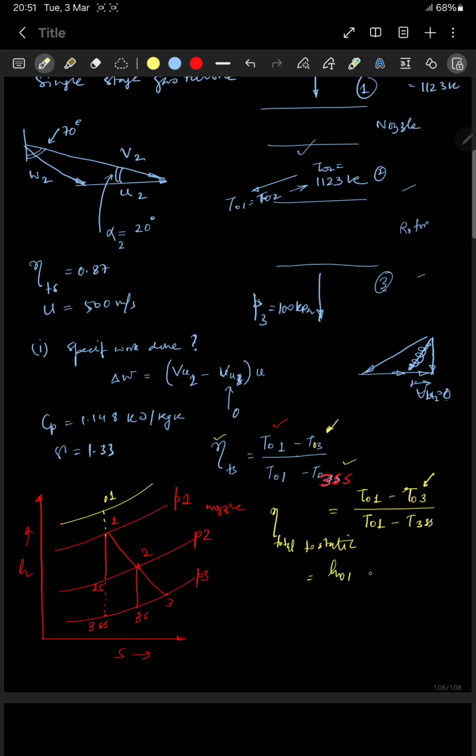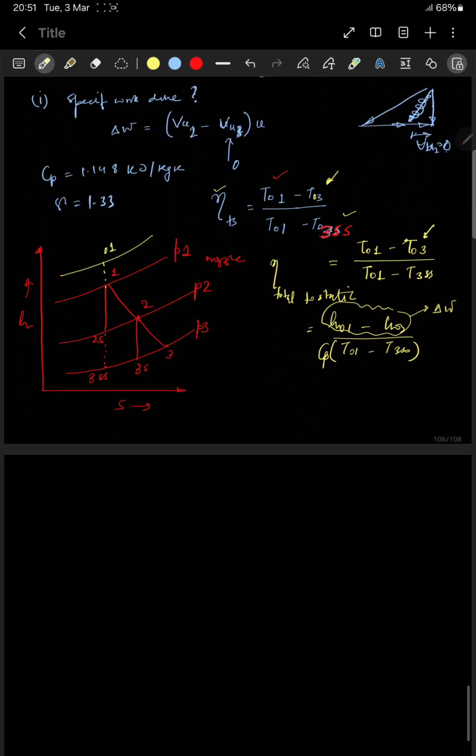This is actually H01 minus H03 divided by Cp into T01 minus T3SS. This is delta W. We need to find T3SS.